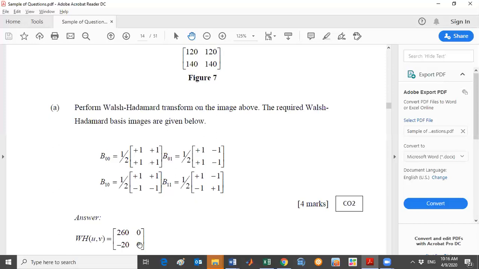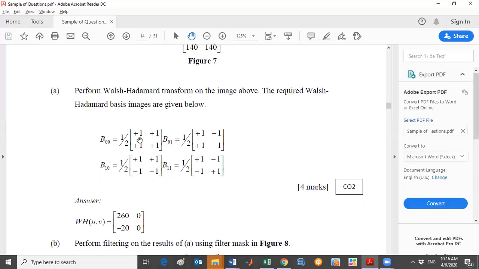So after transform, this is how your result looks like. Okay, so when you have this result, all this represents the intensity of different patterns. This is the smooth zero frequency pattern. This is, maybe, one change vertically.